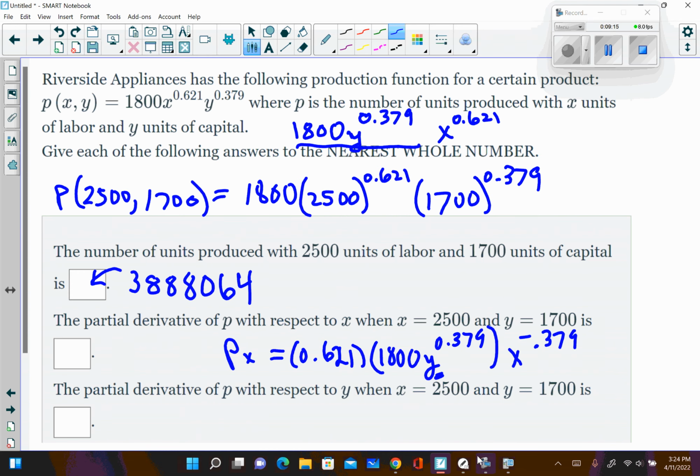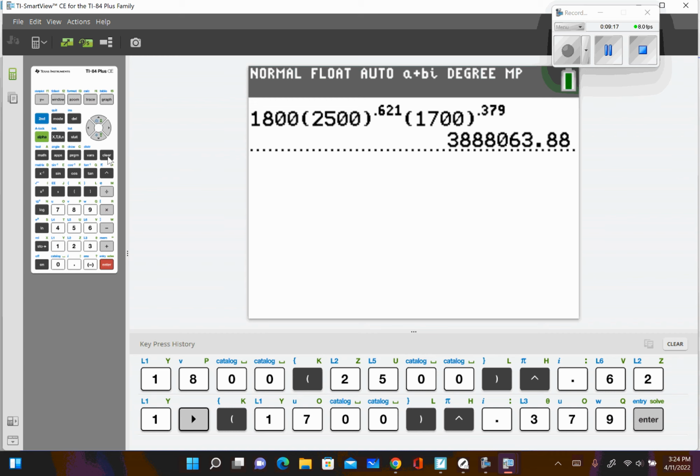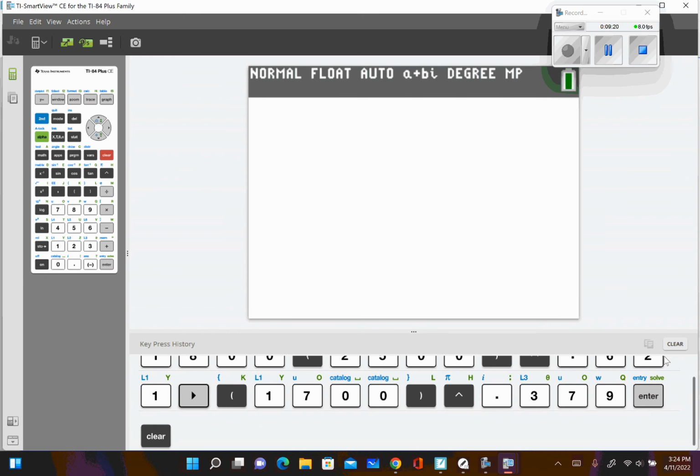Here are the calculator buttons I'm going to press. Clear this.